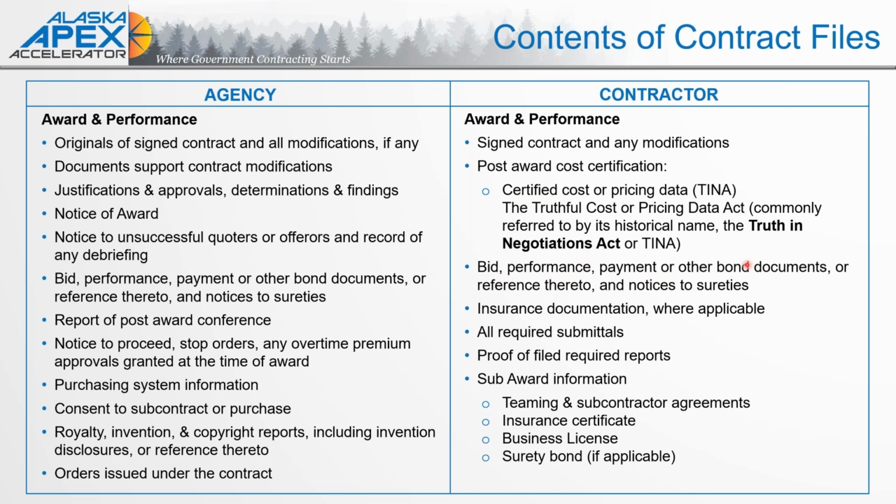Any of the bid, performance, or payment or other bond documents, insurance documentation where applicable, all required submittals, proof of filed required reports, and of course your subcontract, your subaward information, any teaming and subcontractor agreements, and your sub insurance certificate, sub business license, and any surety bonding as responsible, if applicable.